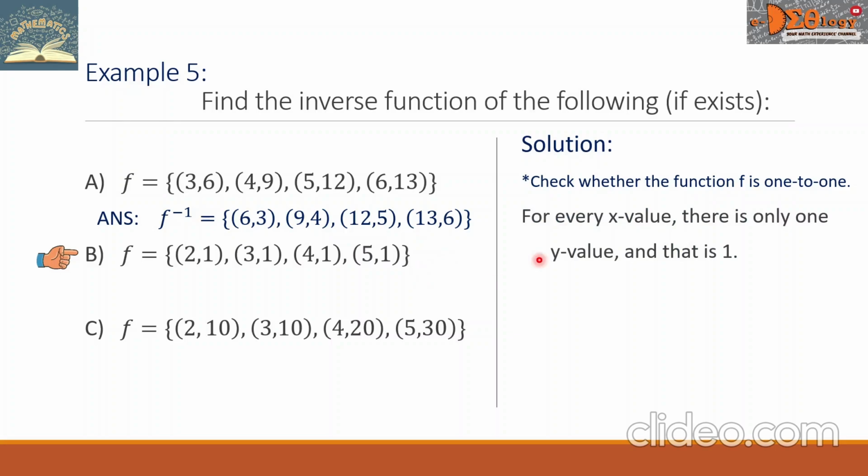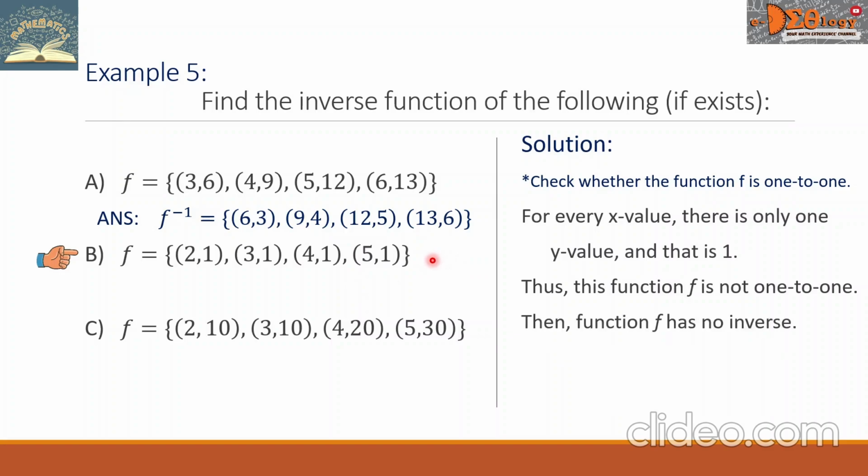Observe that for every x value, there is only one y value, and that is the value 1. See, (2, 1), (3, 1), (4, 1), (5, 1). For that reason, this function f is not one-to-one. And in that case, this function f has no inverse. So for problem B, we write no inverse.